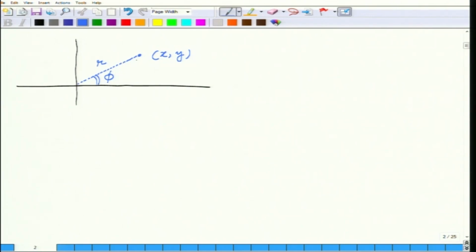So, you can easily see, if I make the x and y distances, that this red one horizontally is x and this is y, and therefore r is equal to square root of x squared plus y squared always, and tangent of phi is equal to y over x.